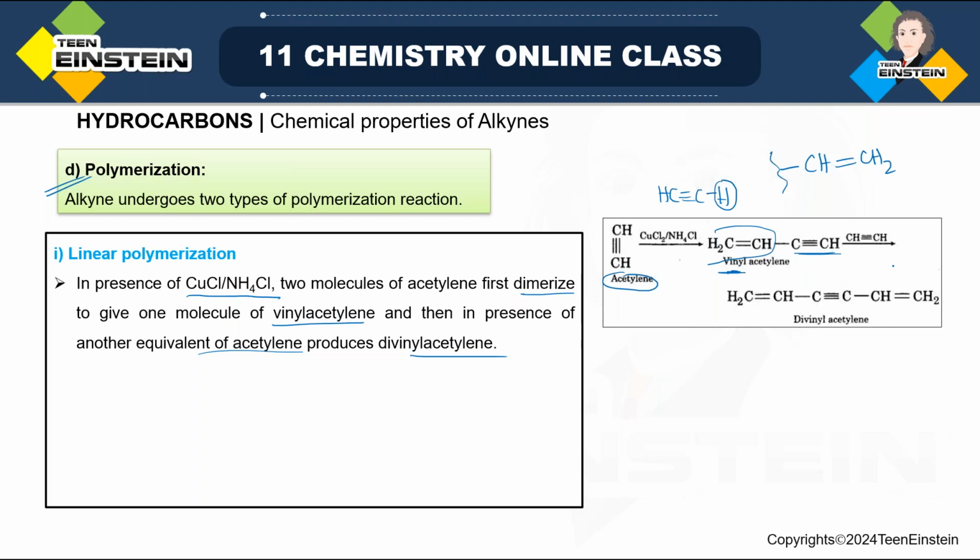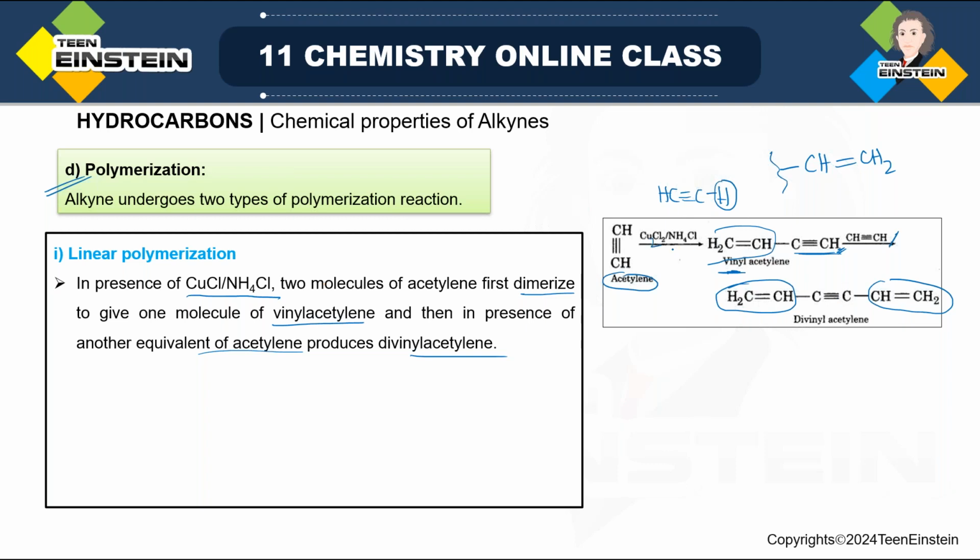vinyl acetylene. Now if we take another molecule of acetylene, what will happen? Here this H is also replaced by another vinyl group. So this side it is replaced by one vinyl group, and the other side it is replaced by another vinyl group.